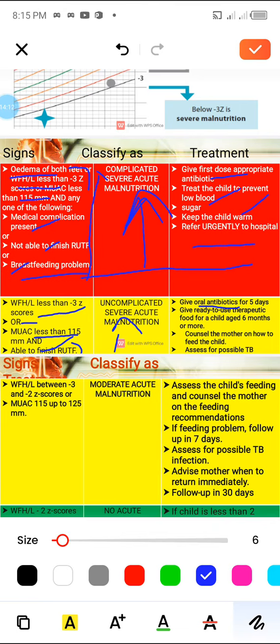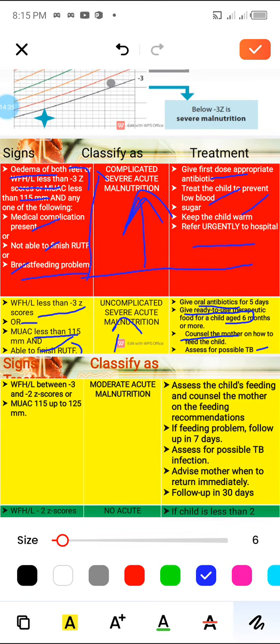So you can give an antibiotic for 5 days. Then you can give or provide RUTF for those children above 6 months or more. Okay, then you can also do the counseling under the heading counseling. Then you can also assess for tuberculosis. So this will be your treatment under uncomplicated.